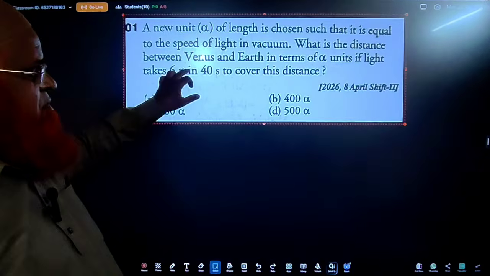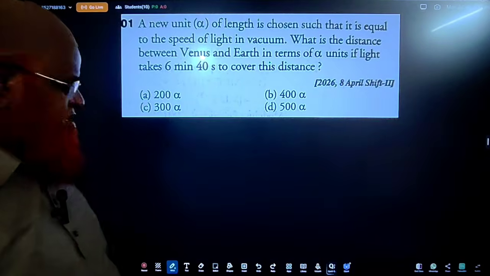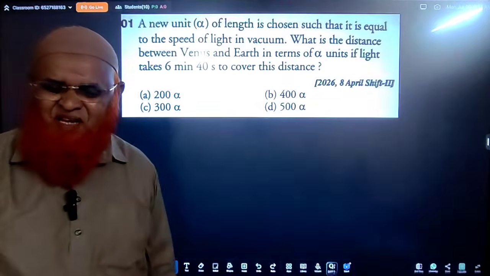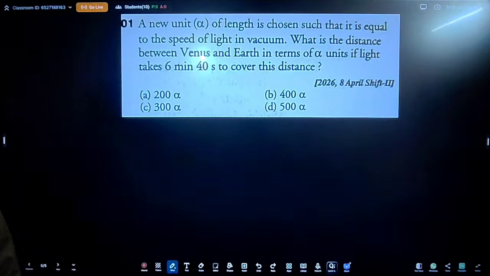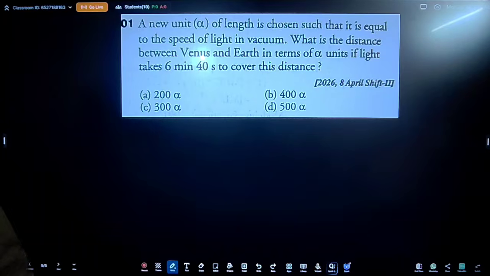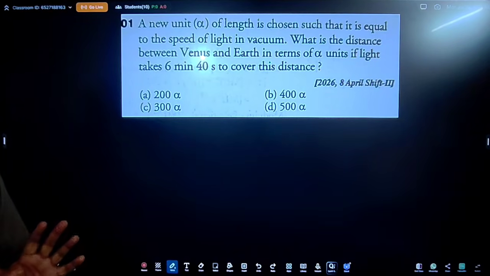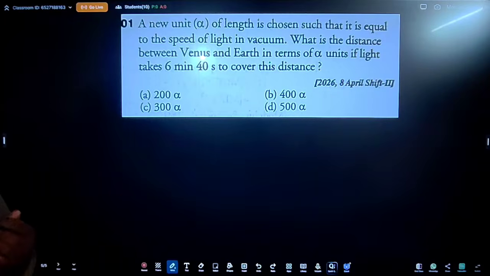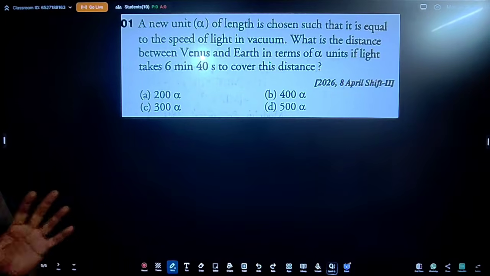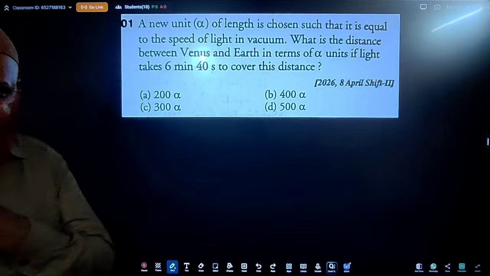So I am happy to announce that this year I am not going to discuss even a single bit of your NEET PYQs. PYQs should be solved by you only. I am solving all the PYQs of JEE Mains. I have decided that I will not teach NEET because the shocking paper was it.